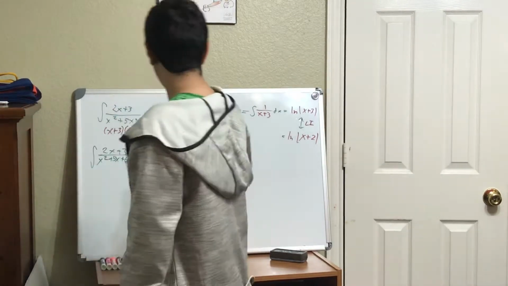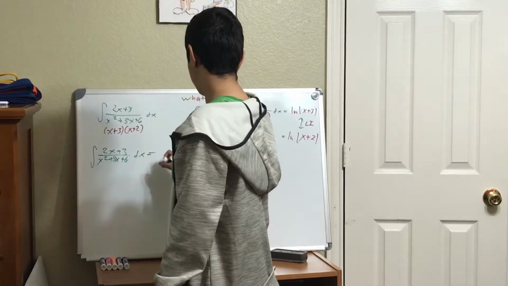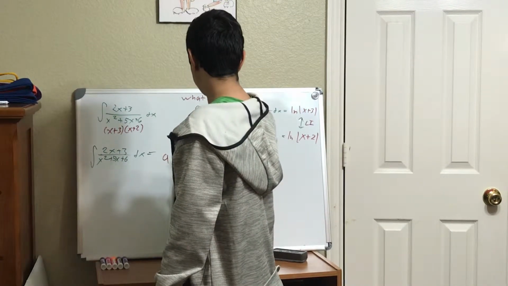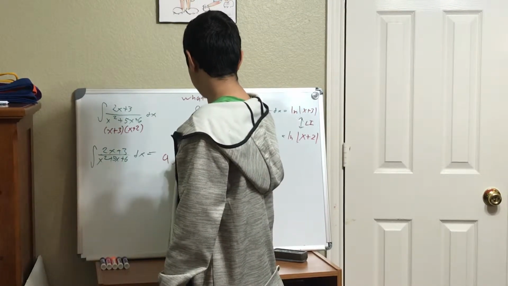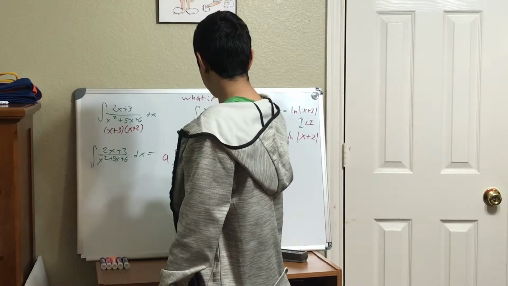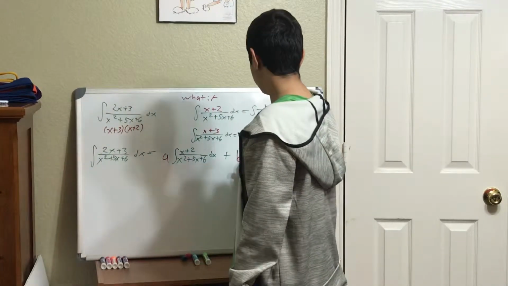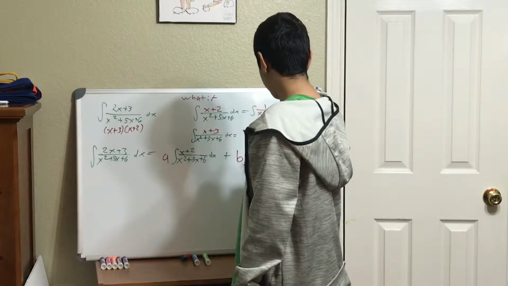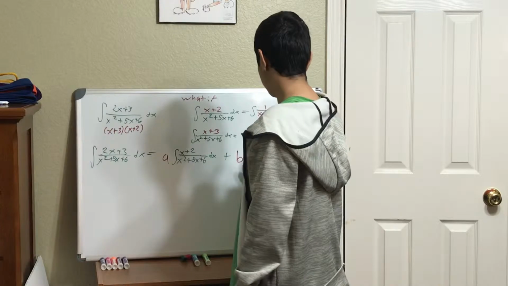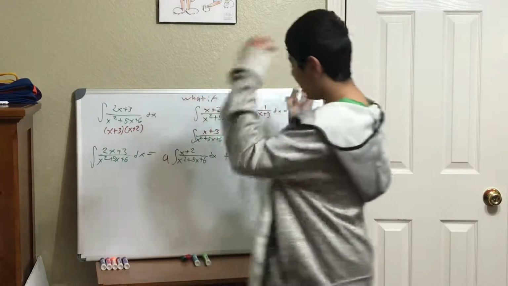Well, it's going to be some linear combination: some a times our first integral, x plus 2 all over x squared plus 5x plus 6 dx, plus some scalar b times our second integral, x plus 3 over x squared plus 5x plus 6 dx.